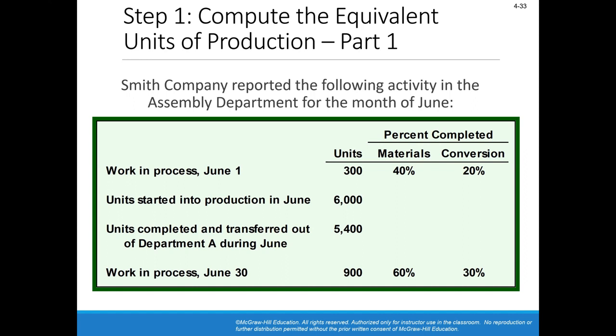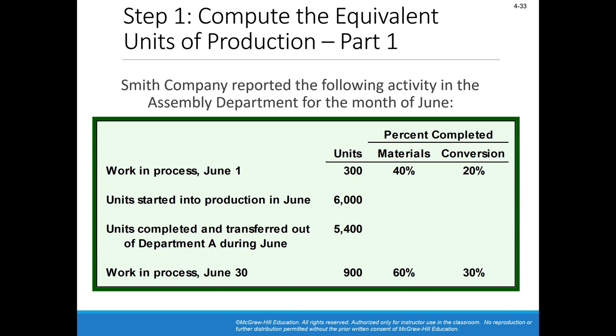So we had a beginning balance of 300. Then we have 6,000 that we started in production. We transfer out 5,400. So that leaves us with 900 left over that's not completed yet. Okay, so 300 plus the 6,000 less the 5,400 that was moved out of Department A gives us our balance of 900.